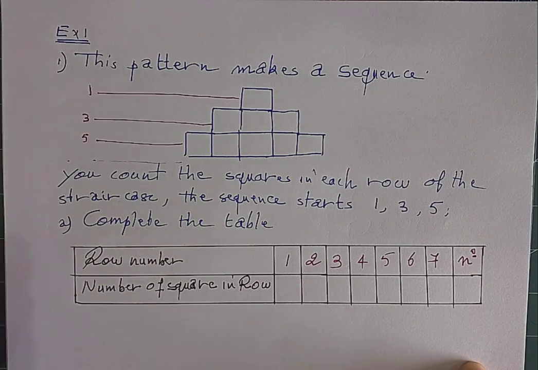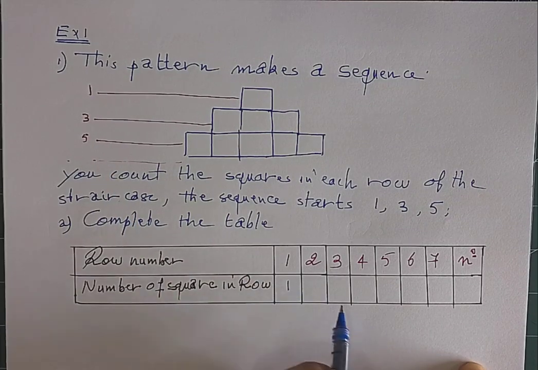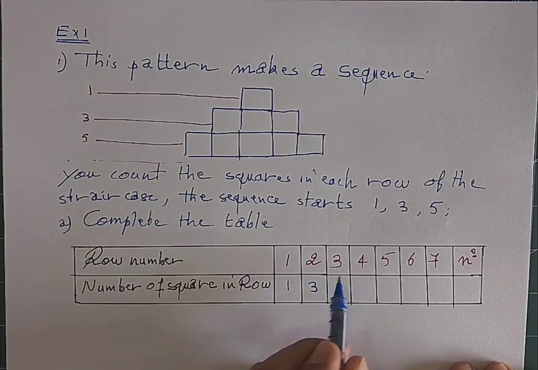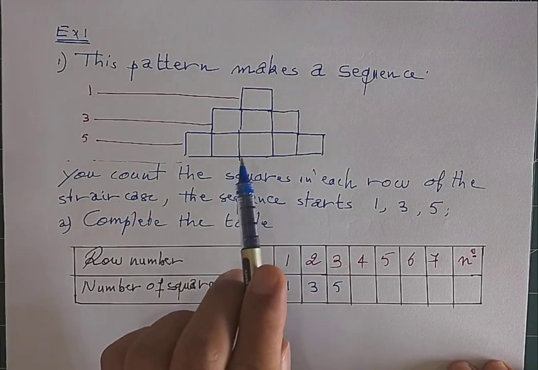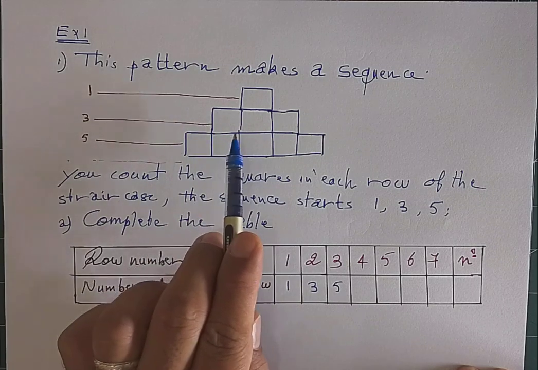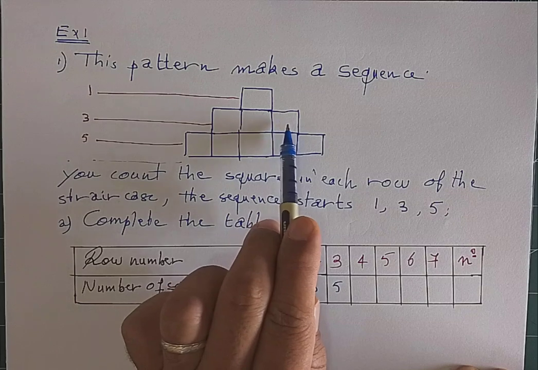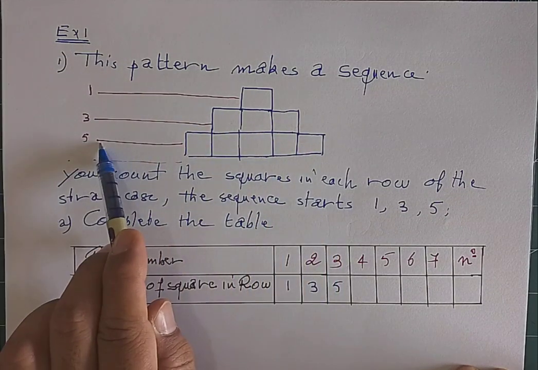Here the first line is 1, the second one is 3, the third line is 5. If you focus on that, you conclude that in each row you add 2 squares. For example, here we have 3, I add 2 squares, it will be 5.